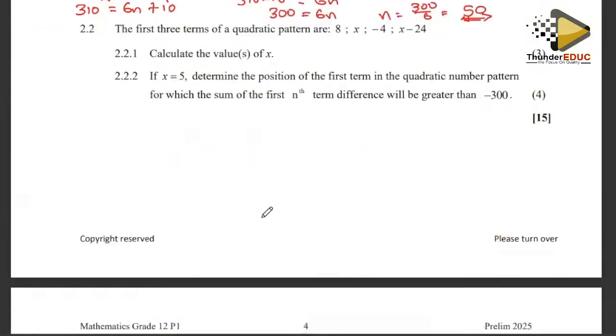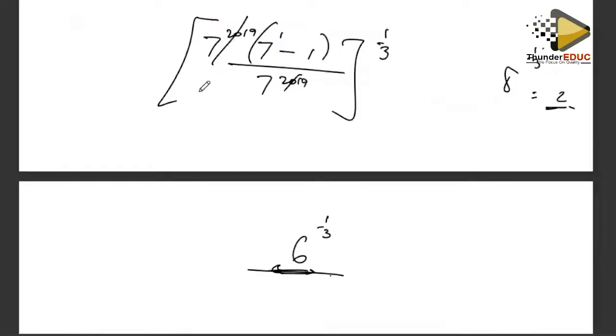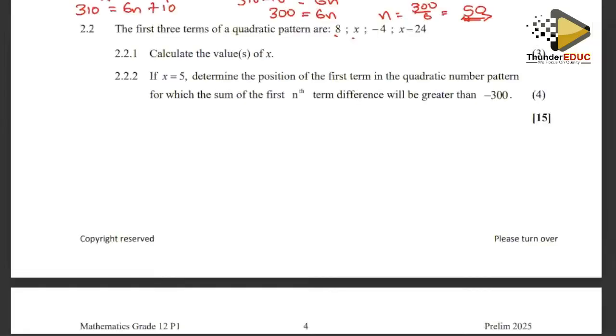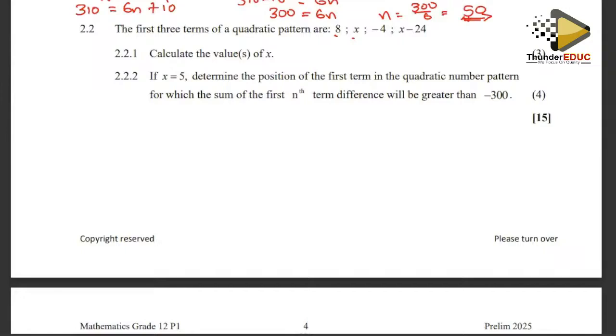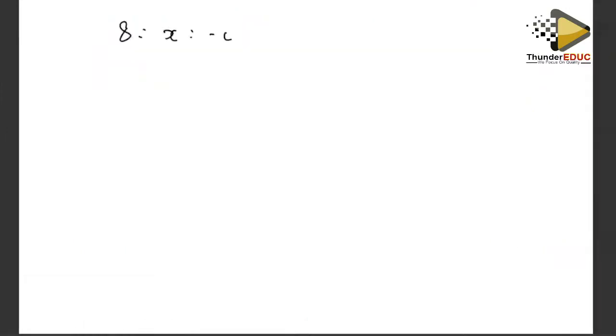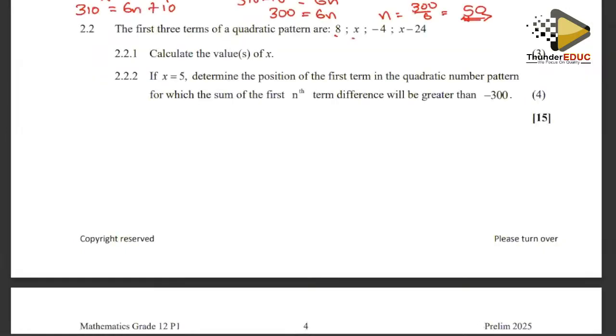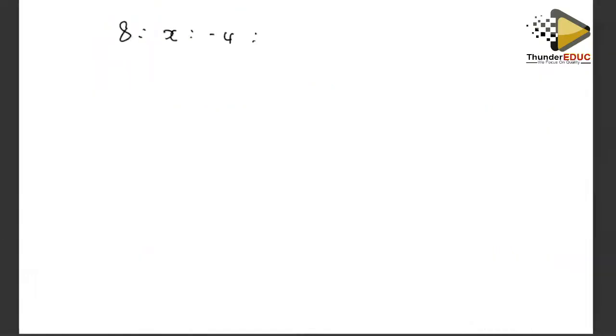All right, then 2.2. Interesting, we go deeper. The first 3 terms of a quadratic are 8x, minus 4x, minus 24. This would call for a proper page. Okay, so we have 8, we have x, we have negative 4, and then we have x minus 24.